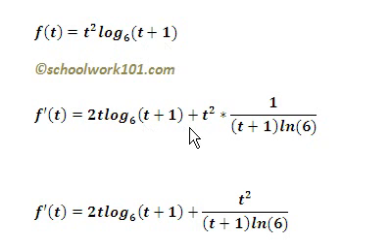Rewriting the second function, plus, and then I rewrite t squared times the derivative of log base 6 of (t plus 1). The derivative of t plus 1 is 1. We rewrite what's in parentheses, and we take the natural log of whatever the base is, and that happens to be 6.